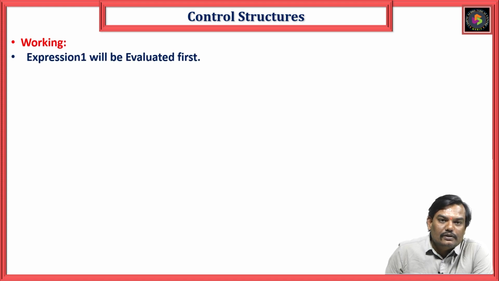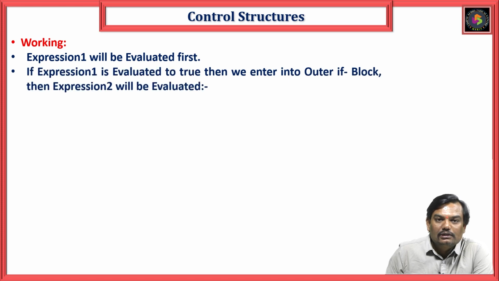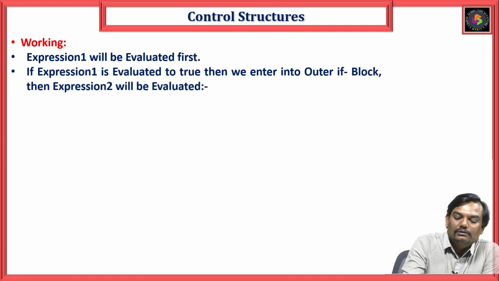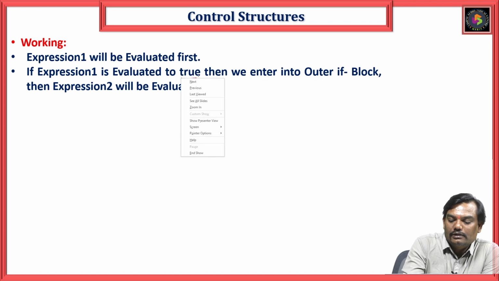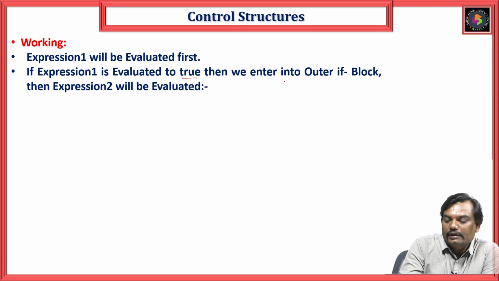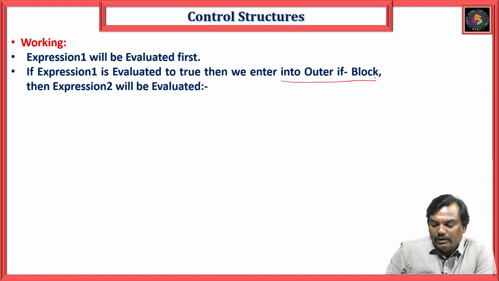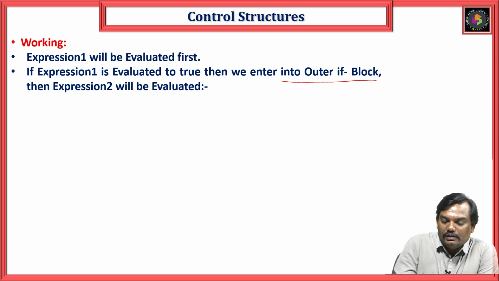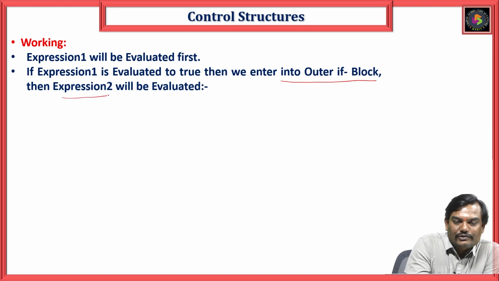The first expression will be evaluated first. Based on the result of expression 1, if it is true, then the control will be transferred into the outer if block. Immediately after the control enters the outer if block, expression 2 will be tested.